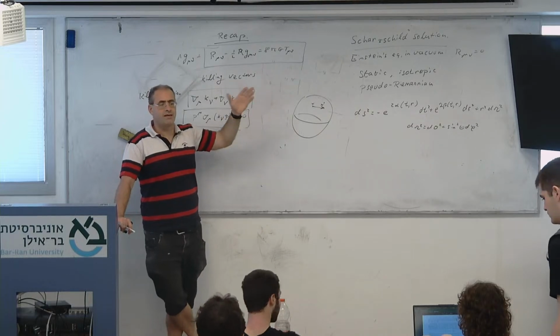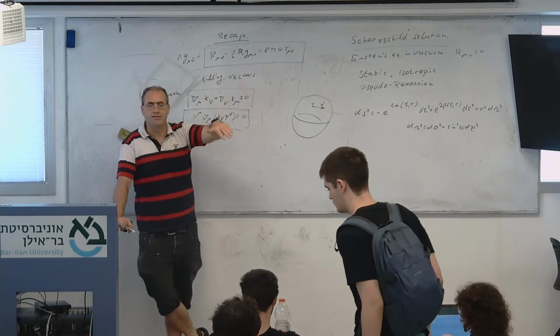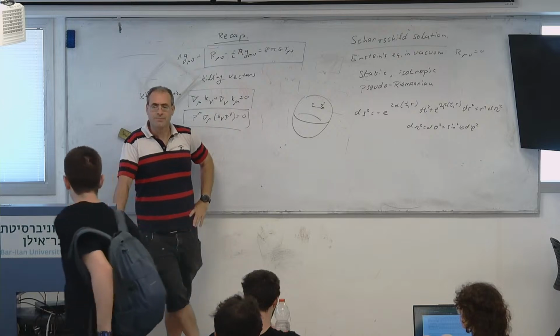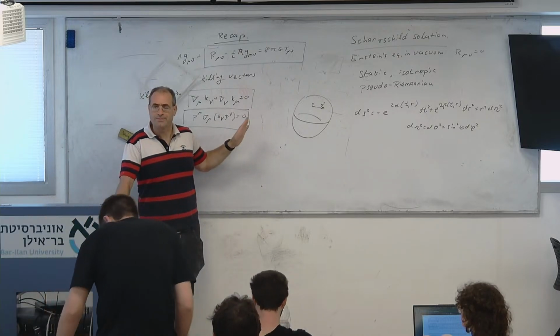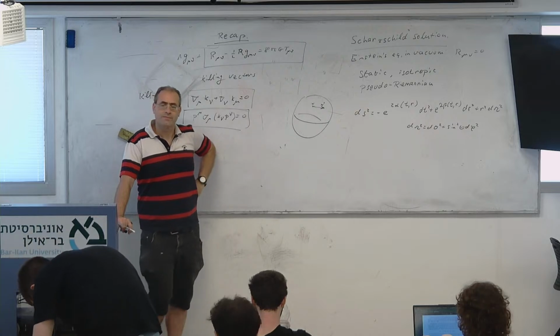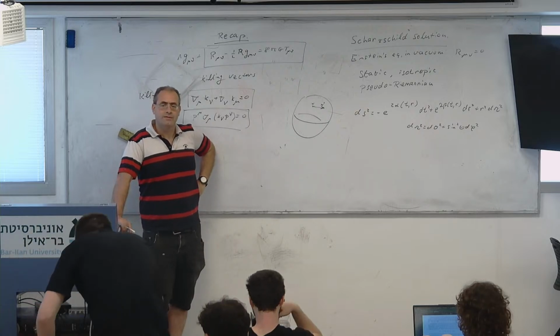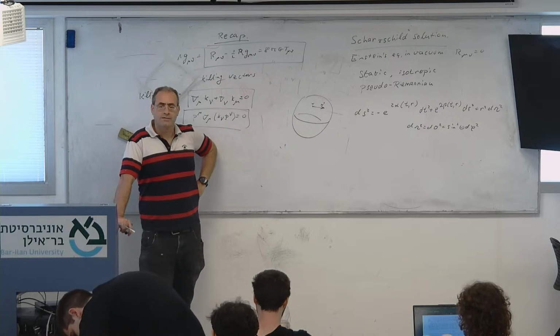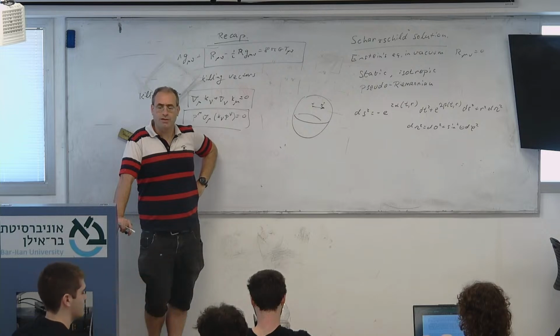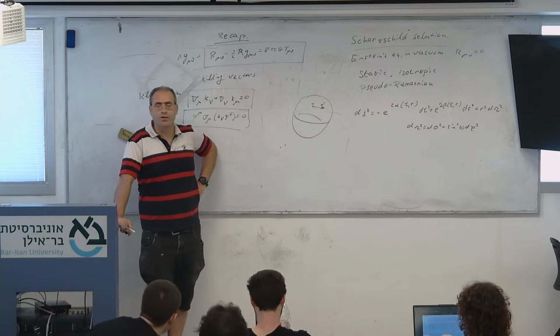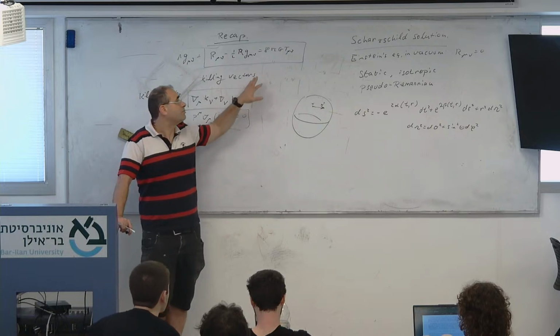Think of an astronaut that orbits the Earth or the Sun. It is a valid solution. But if you're inside the surface of the sun, at some r less than the radius of the sun, the solution will not be valid because it's no longer a vacuum.